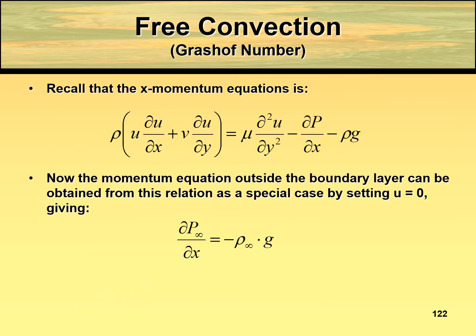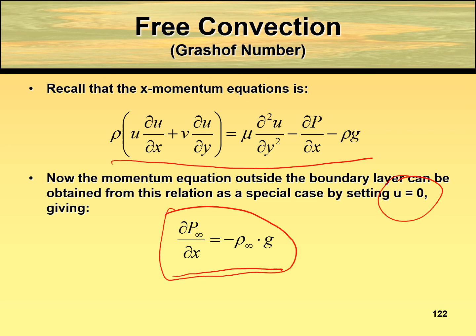Okay, so we record the momentum equation, which is given by this equation. Then the momentum equation outside of the boundary layer, as a special case when u is equal to 0, can be simplified by this one.